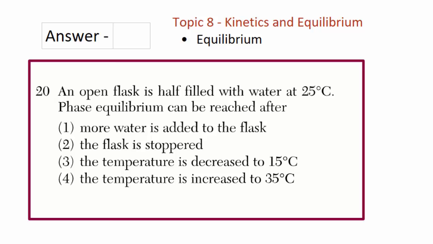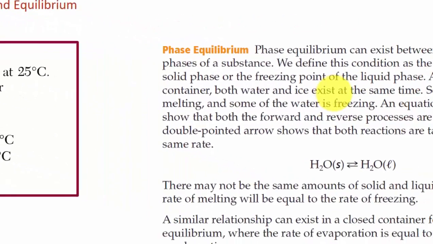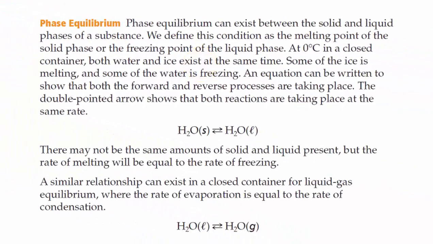Question 20. An open flask is half filled with water at 25 degrees Celsius. Phase equilibrium can be reached after what occurs? Let's just review a little bit about what phase equilibrium deals with. Phase equilibrium can exist between the solid and liquid phases of a substance.